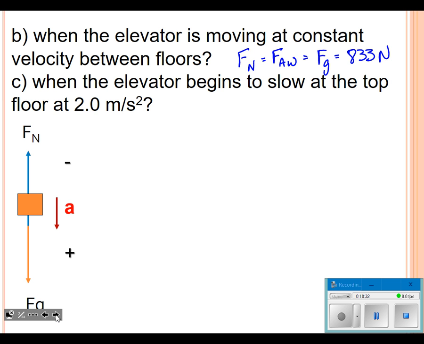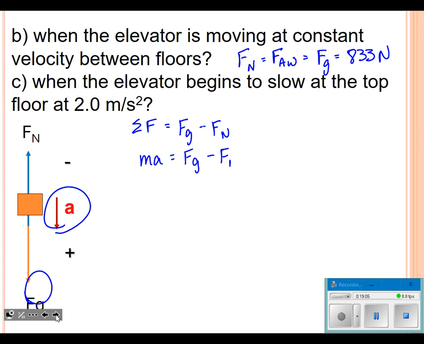And then if the elevator was slowing at the top, now the acceleration is going down. So when I think about it, my net force, since it's going down, means my F of g is winning, and it's minus my F of n, because F of n is going up, and my acceleration is always going in the same direction as the force that's winning. So I have mass times acceleration equals F of g minus F of n.